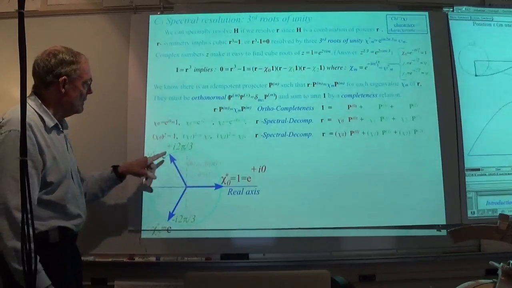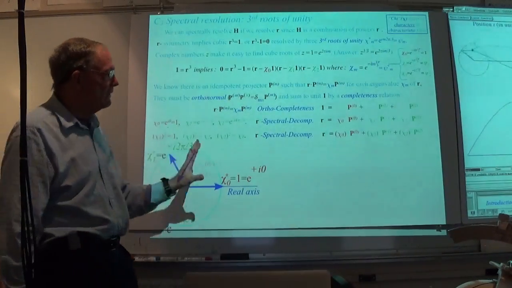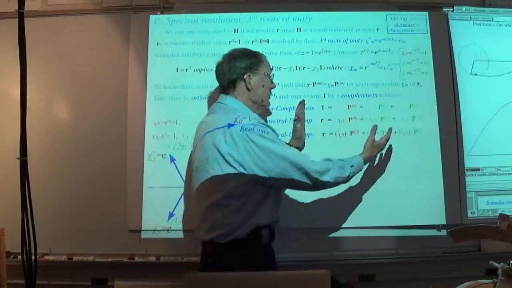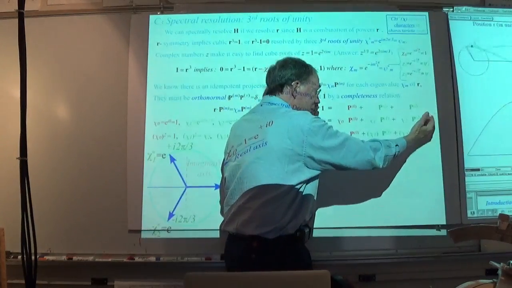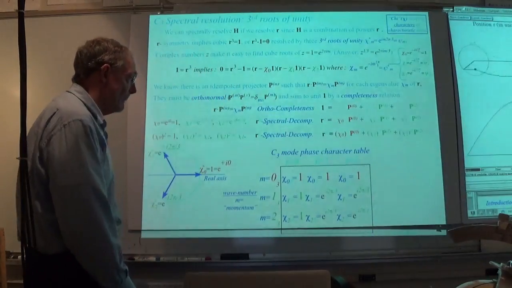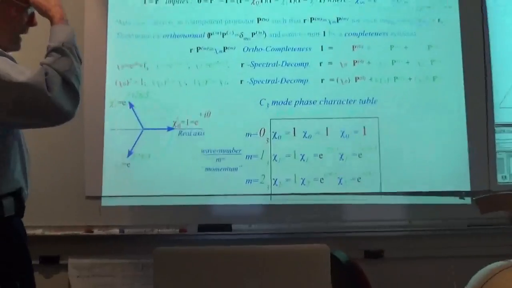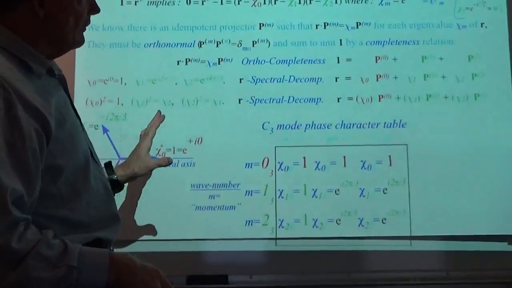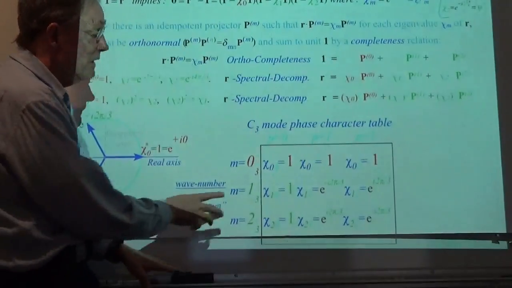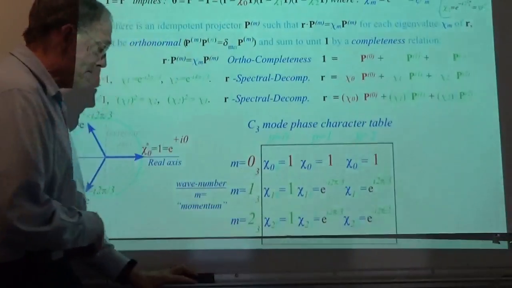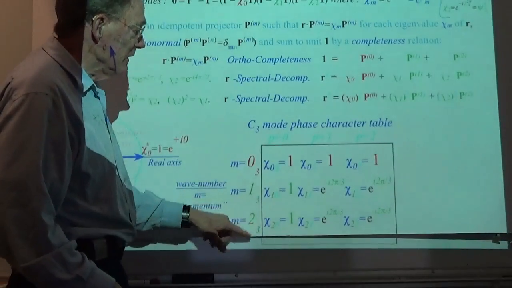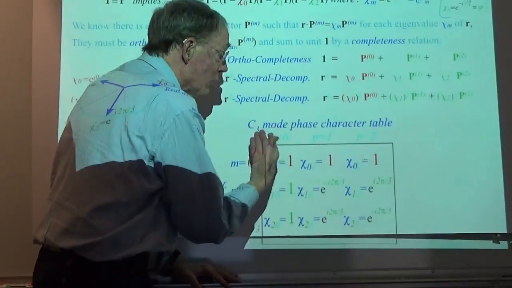So I've got to be careful and make sure that things jive with the standard conventions. So I'm showing you the conjugates here because that's what I'm going to use for the projectors. Projectors are simply going to be made out of conjugates. Because this is a unitary linear combination here, I can invert it simply by transposing and conjugating. And that's what we do. So what I will first of all point out is that the things that I call characters that correspond to what's in most texts will almost always be displayed this way, where these wave numbers, M for momenta, come in 0, 1, modulo 3, so do the powers, which tell you what points you're doing.